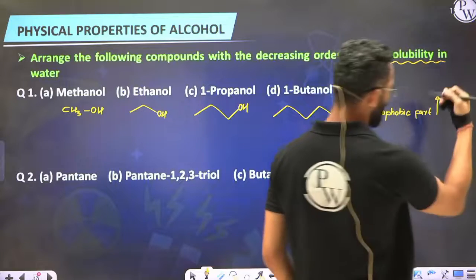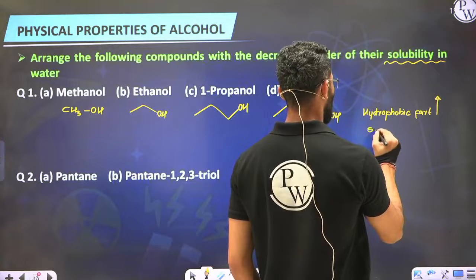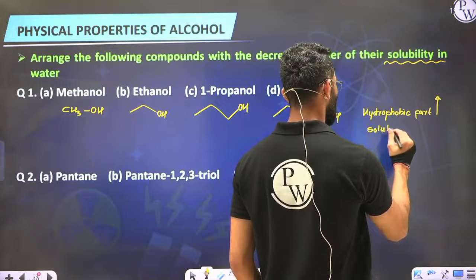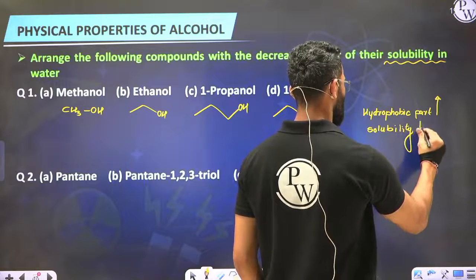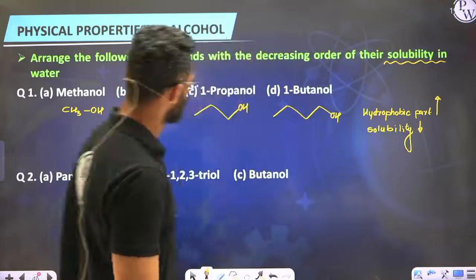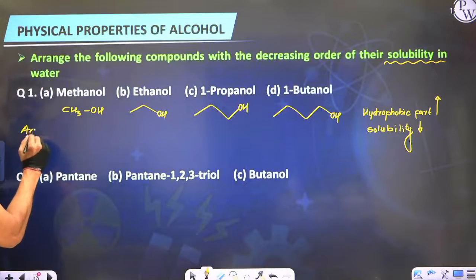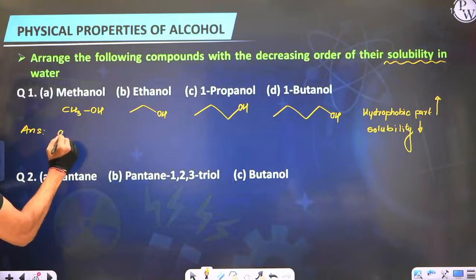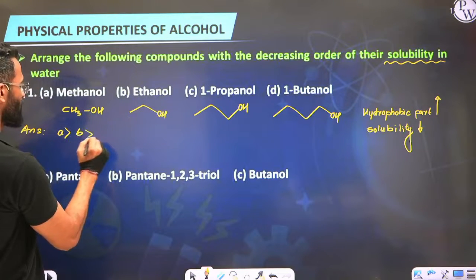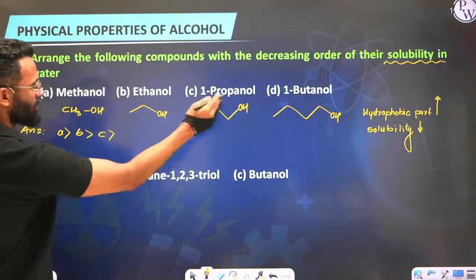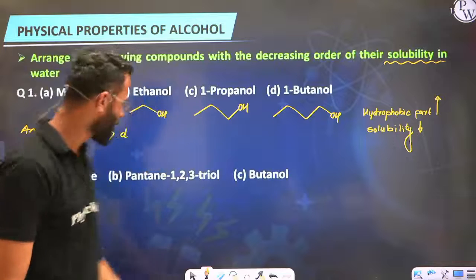If the hydrophobic part increases, the solubility decreases. Right, everyone? So, highest solubility will be for A. Your answer is going to be methanol will have the highest solubility in water, then ethanol, then n-propyl alcohol, meaning 1-propanol, and then D, 1-butanol. Alright, everyone?